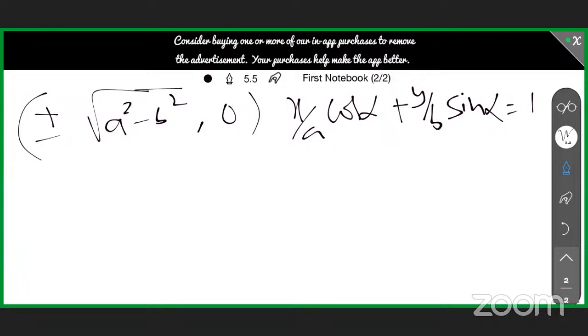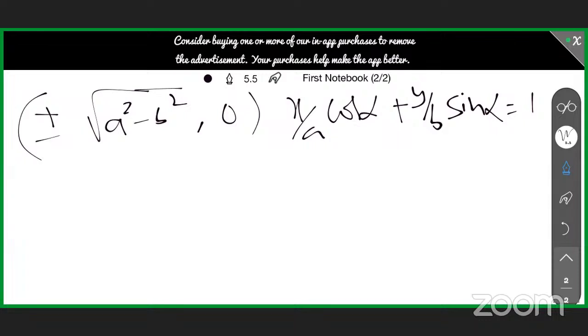Hello, dear students, are you here? Now, if I take this equation, my equation is in the form of... If you don't want to convert into normal form, no problem.